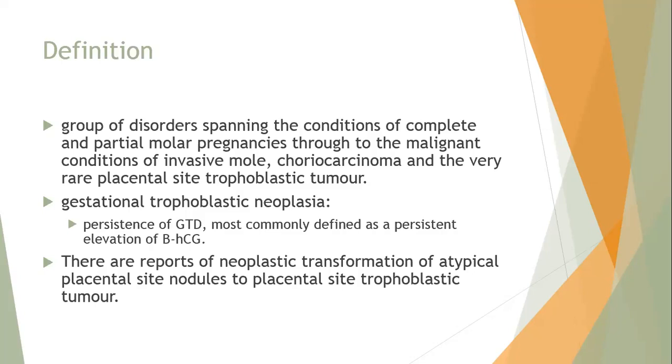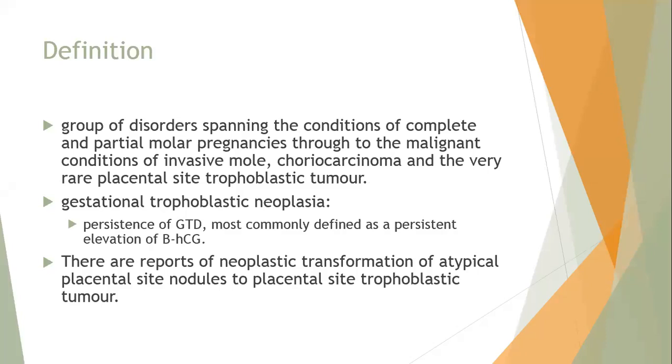There is another definition, which is gestational trophoblastic neoplasia, which is a persistent GTD. This is usually known when we come after evacuation of a molar pregnancy or whatever, and you will find a persistent elevation of beta HCG.